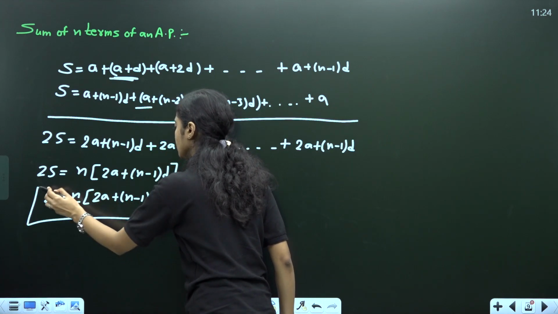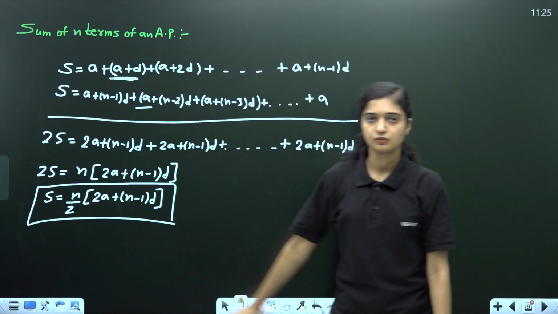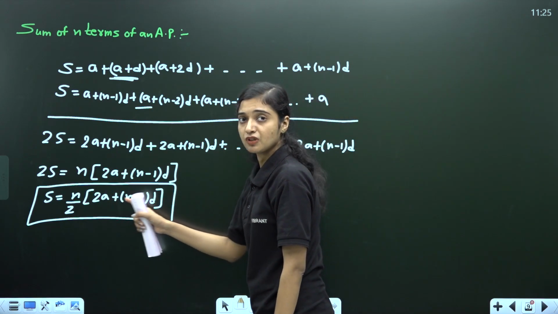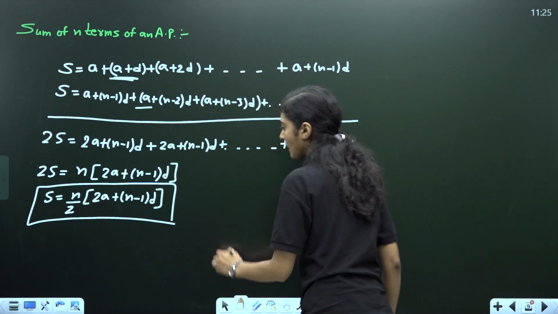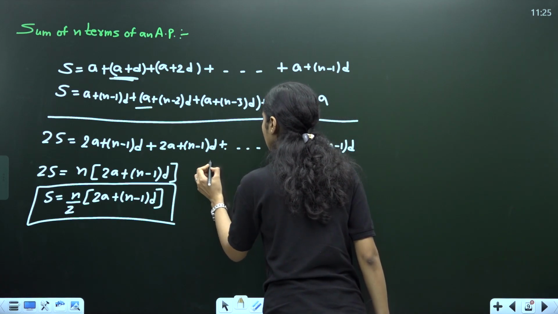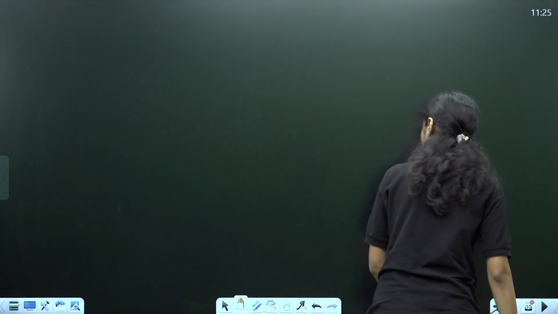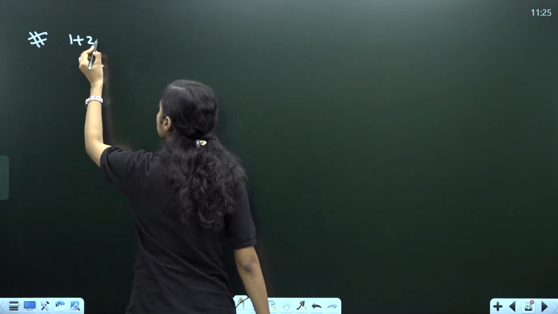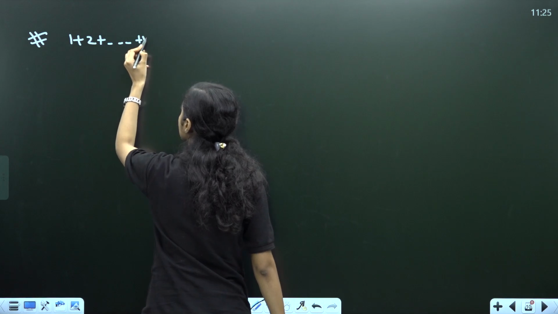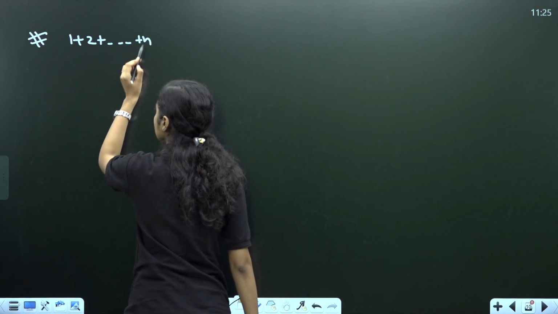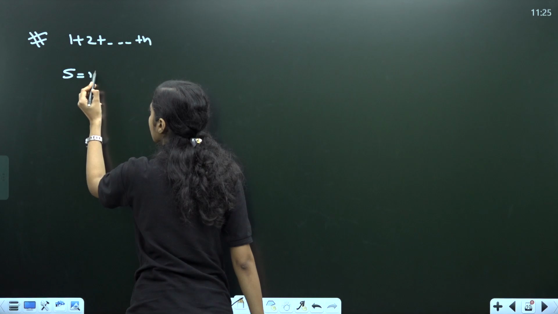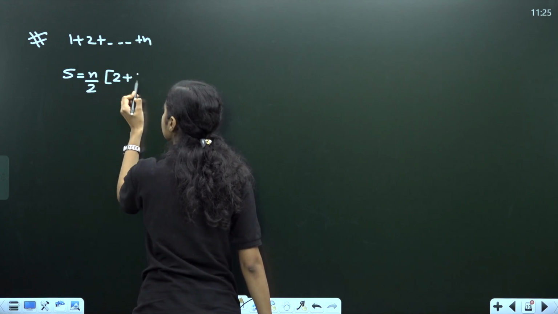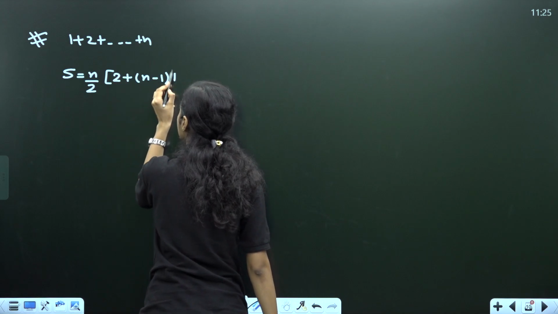This is the formula for the summation of all terms of an AP, where n is the number of terms, a is the first term and d is the common difference. Sum of first natural numbers, 1 plus 2 plus up to n terms: n by 2, first term is 1, then 2a plus n minus 1 d, with d equal to 1.